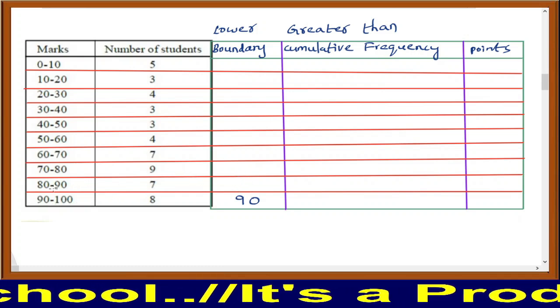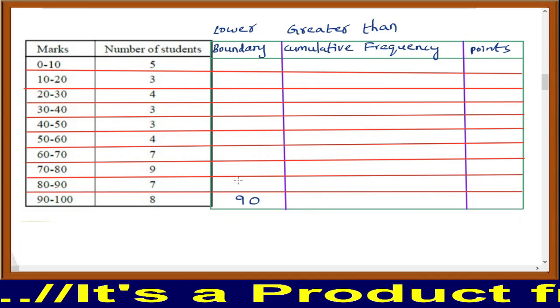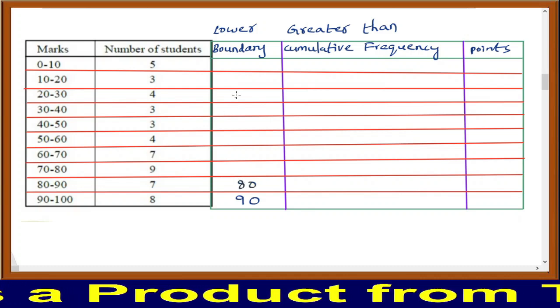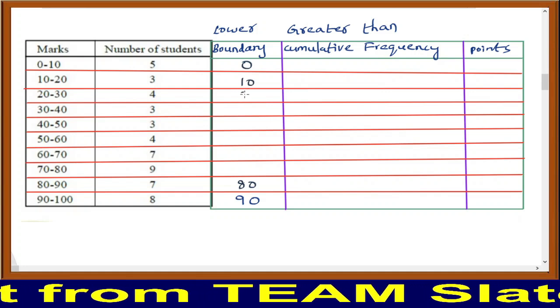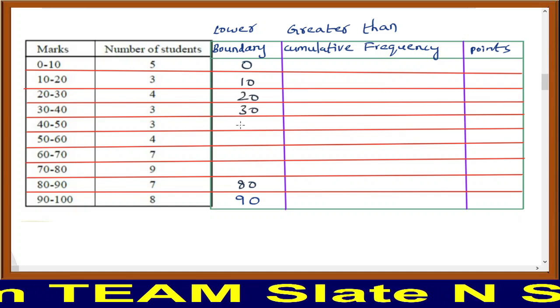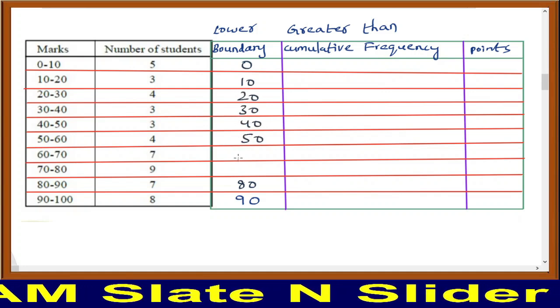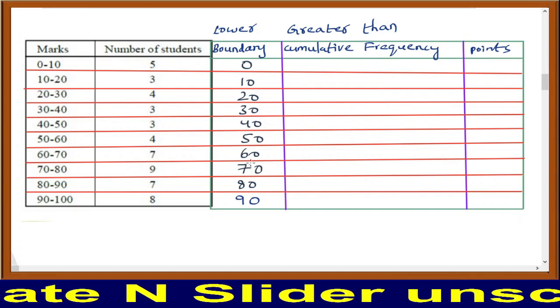In the 80 to 90 class interval, we take the lower boundary 80. Like this you have to take all the numbers: 0, 10, 20, 30, 40, 50, 60, 70, like that.